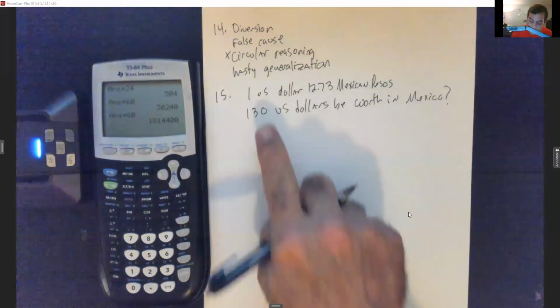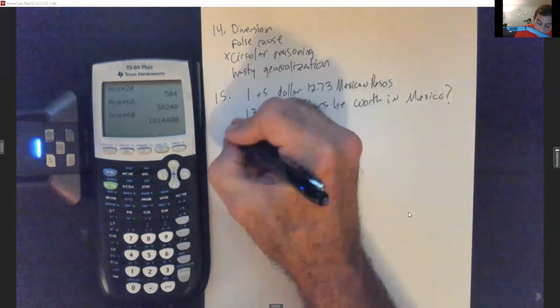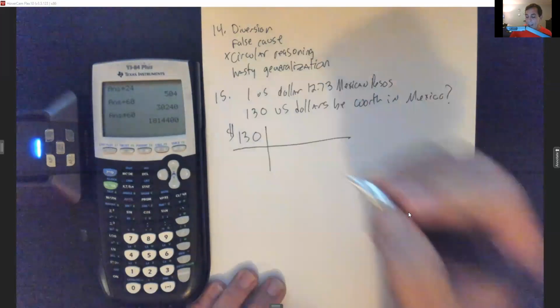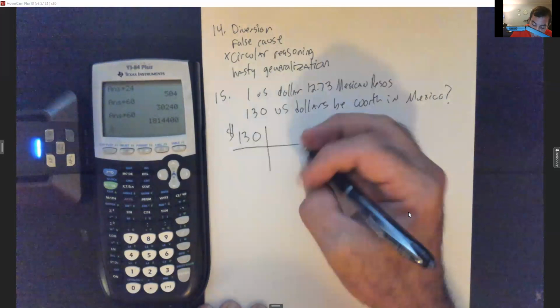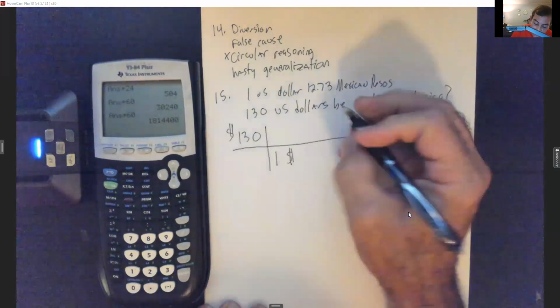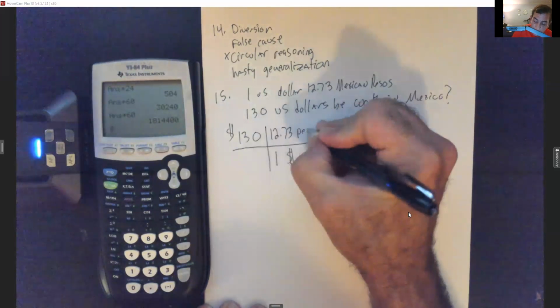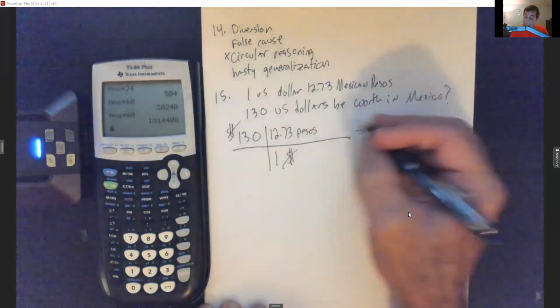So we're going to start with this 130 US dollars. So I'll just call that dollars, right? And they told me right here that for every $1, it was worth 12.73 pesos. So look, my dollars is going to cancel. I'm going to end up in pesos.